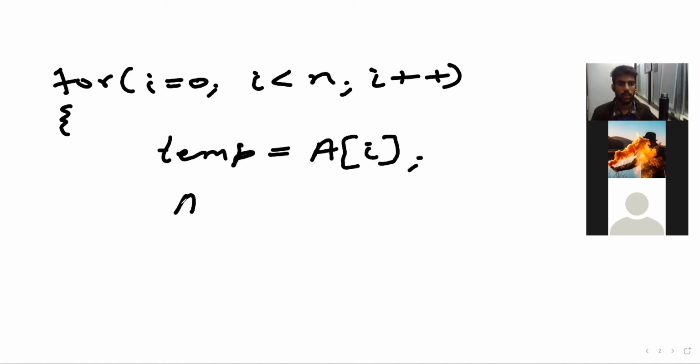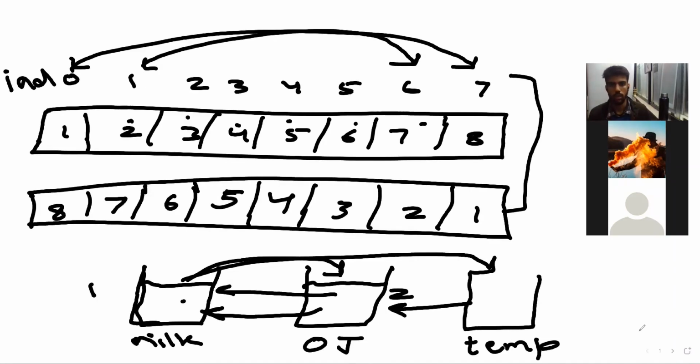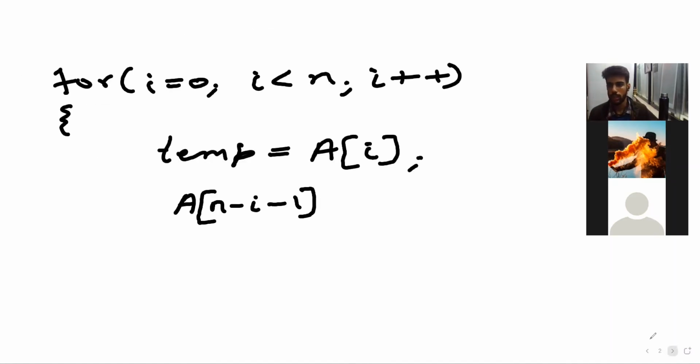Then, since A of i is stored, now what we can do is n minus i minus 1, since we are swapping the ith element with n minus i minus 1 that we saw in the previous slides.